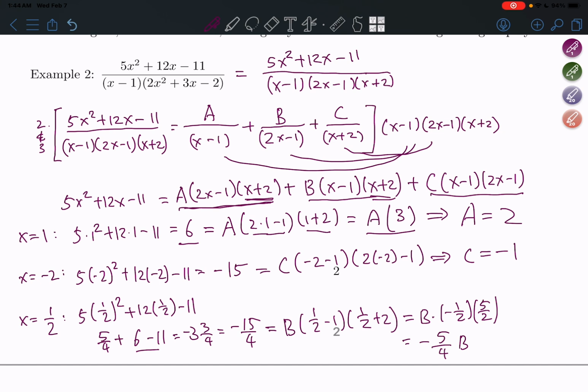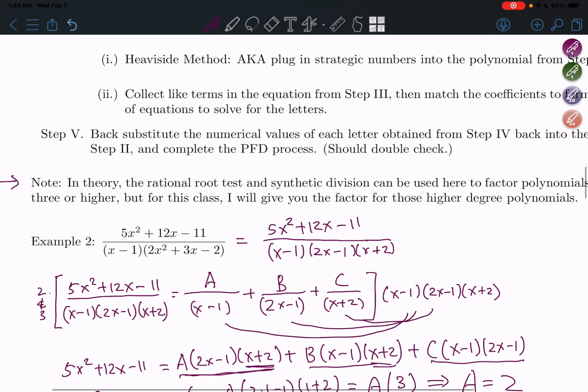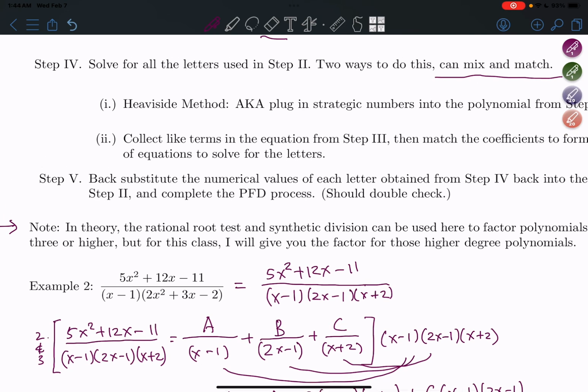So if you divide negative 5 over 4 with negative 15 over 4, we got b equals 3. Okay, so basically I got all 3 of my letters already, which completes my step 4.